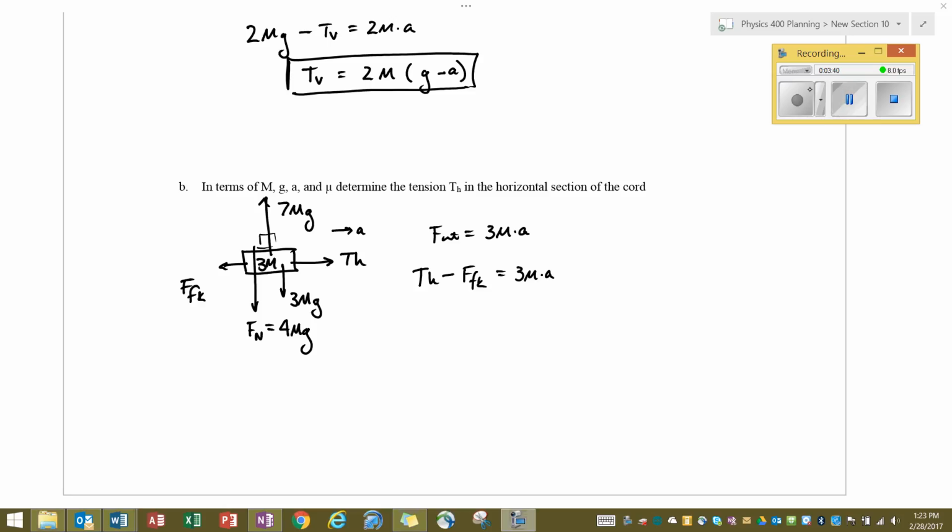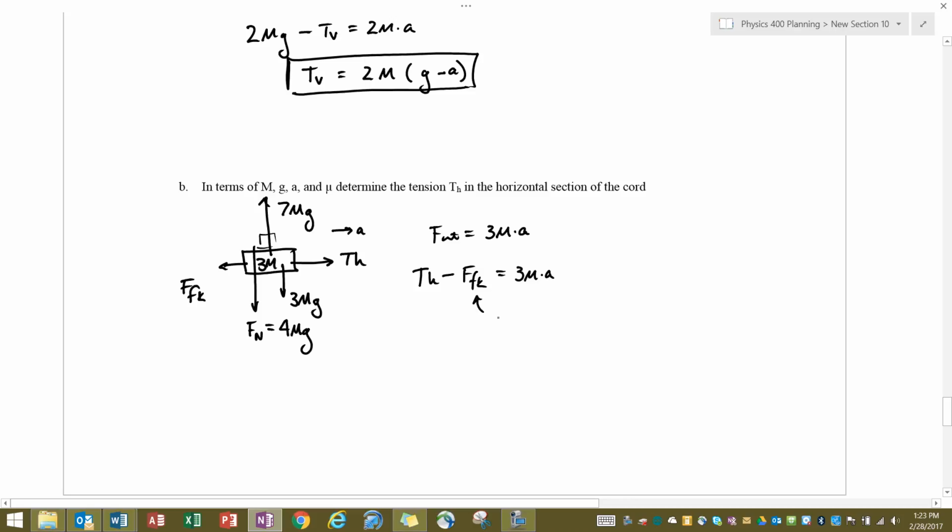So using our kinetic friction model, coefficient times normal force is equal to the force of friction. Coefficient is an allowed symbol in here because they give it to us there. So I can say that the horizontal tension force is going to be equal to 3ma plus coefficient of friction times 7mg, because this normal force is what matters for frictional force.